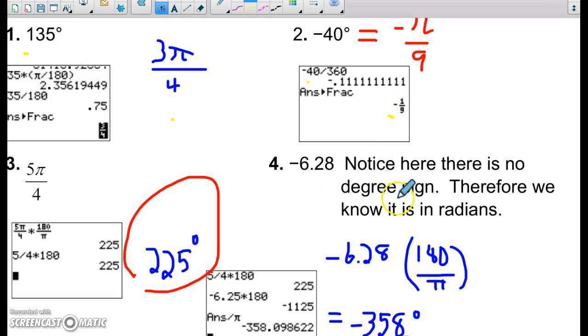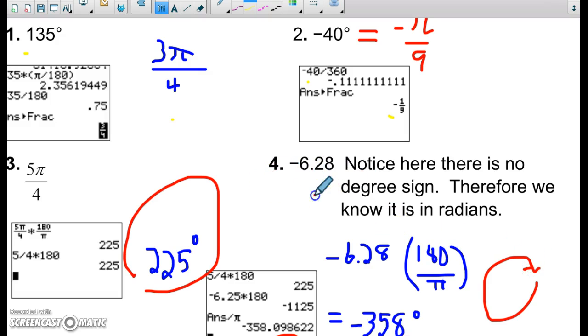Here, again, notice there was no degree sign, so I knew it had to be radians. So I want to take this number, multiply it by 180, and divide it by pi. And I get this number here, negative 358 degrees, which you should notice is really close to negative 360, which means it's one rotation around the circle going clockwise.